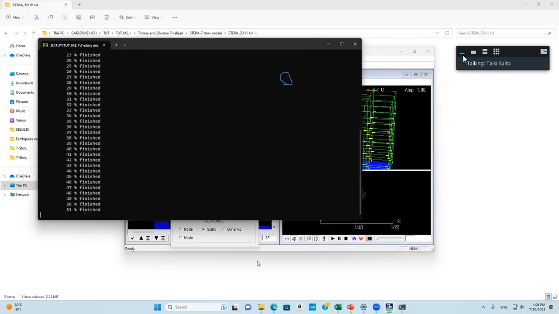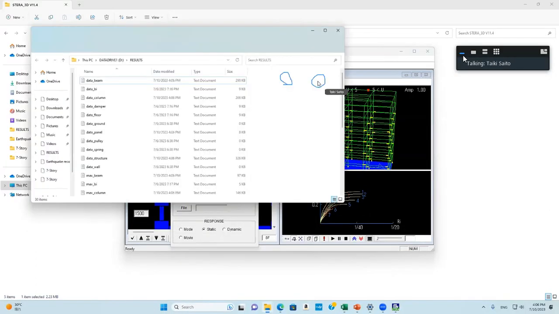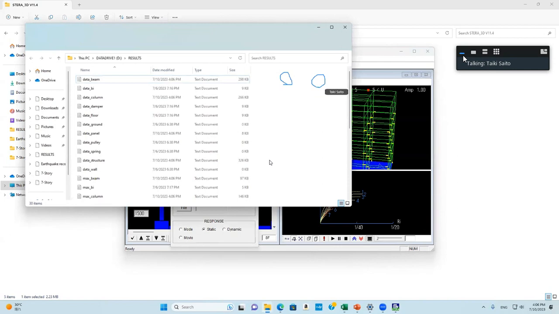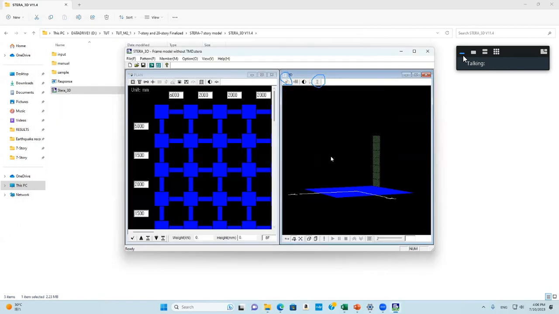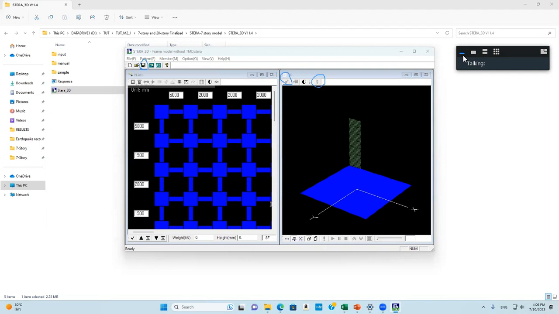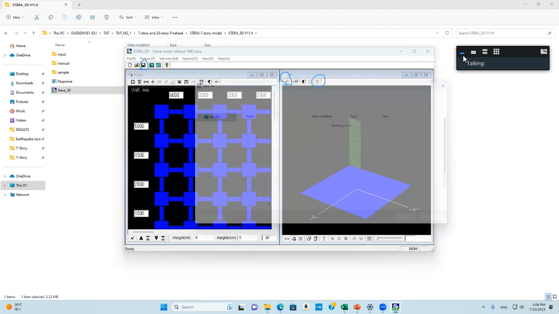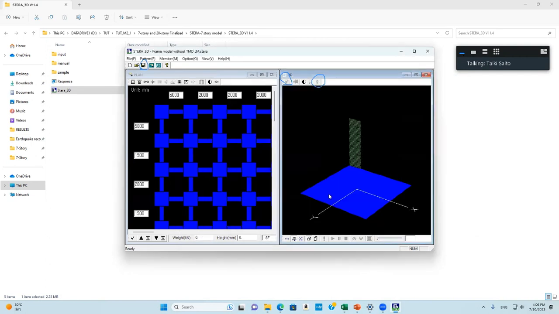You click this one, and put this file. Could you do analyze?